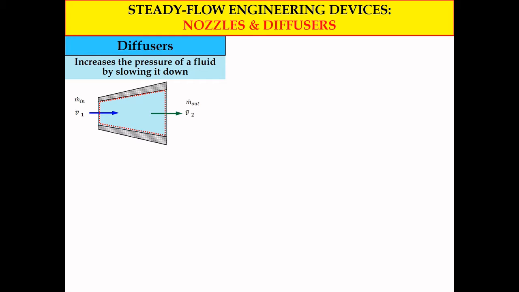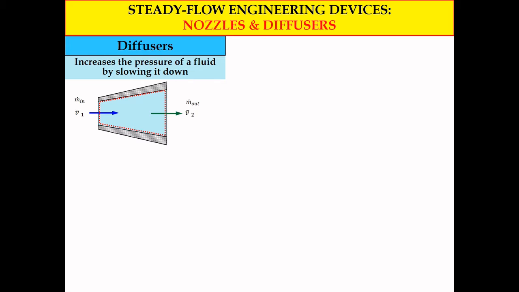Okay, steady flow engineering device for nozzle and also for the diffuser. So in this slide, we discuss in more detail the nozzle and also the diffuser in terms of characteristics and also the energy balance equation that is involved. Okay, for the diffuser, in terms of function, the diffuser will increase the pressure of a fluid by slowing it down.